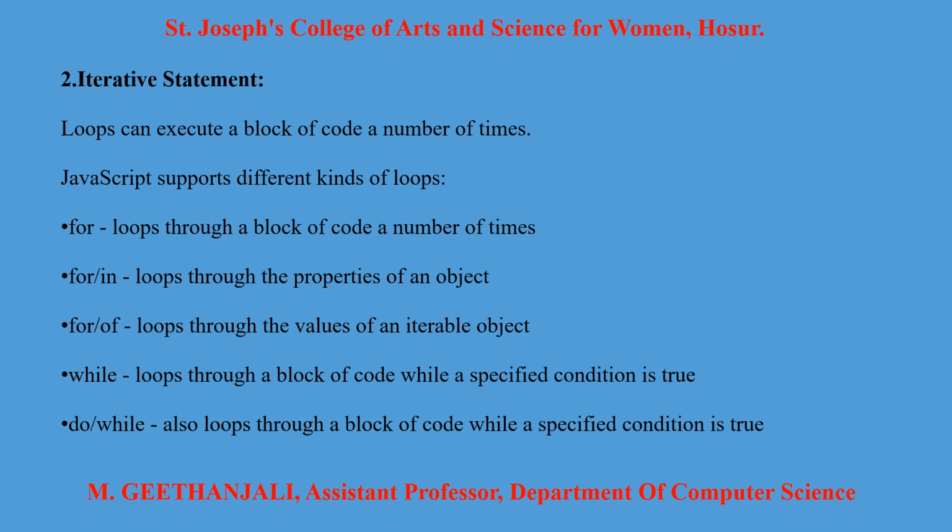The for in loop loops through the properties of an object. The for of loop loops through the values of an iterable object. The while loop loops through a block of code while a specified condition is true. The do while loop also loops through a block of code while the specified condition is true.